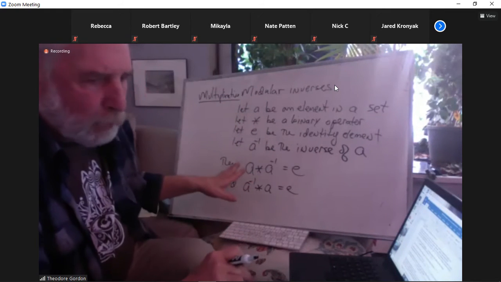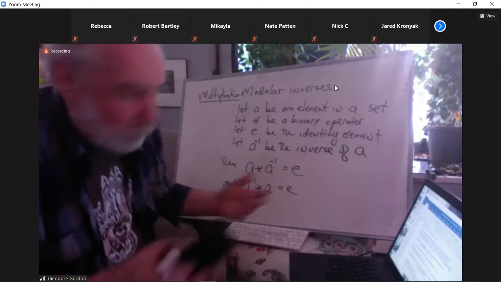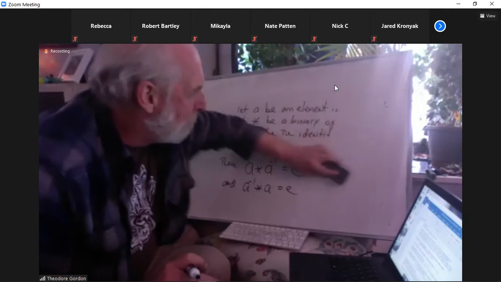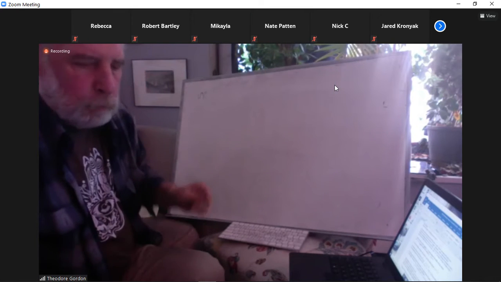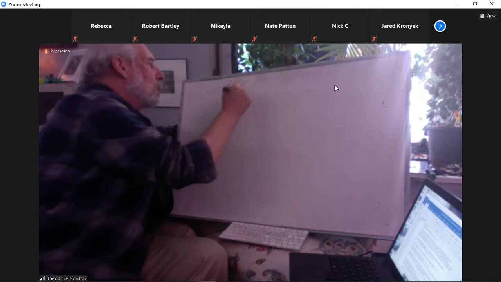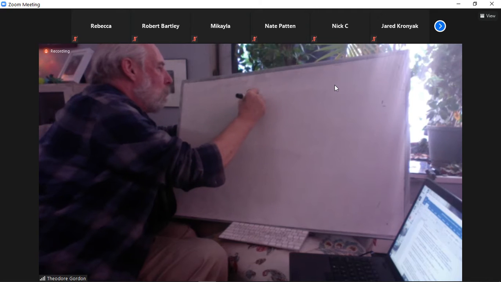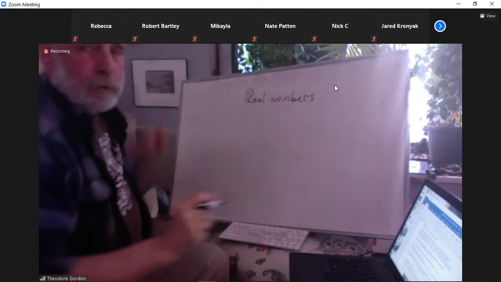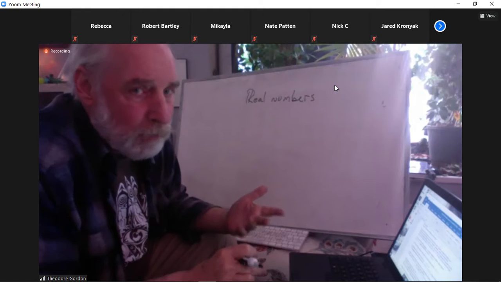So let me give you an example all the way back to grade school, and you're going to go, oh, this is what we're talking about. We're going to work with, so our set of objects is going to be real numbers. In other words, the x-axis.